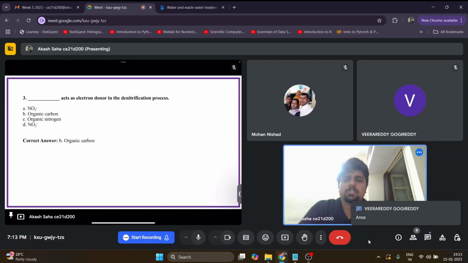Anoxic system. So in an anoxic system, if the electron donor is organic carbon, what would be my electron acceptor? Because in an anoxic system, oxygen is not there.